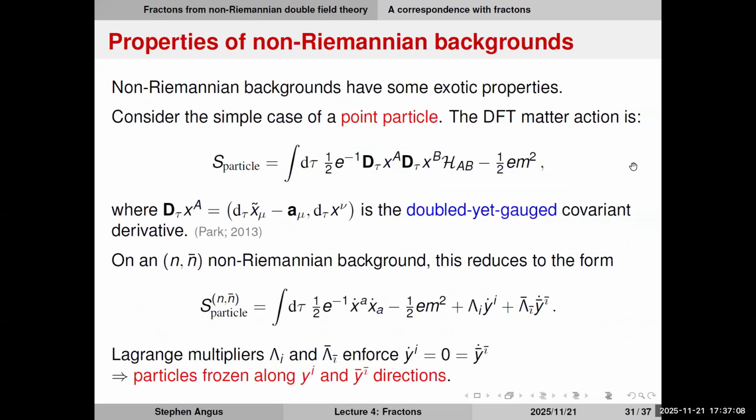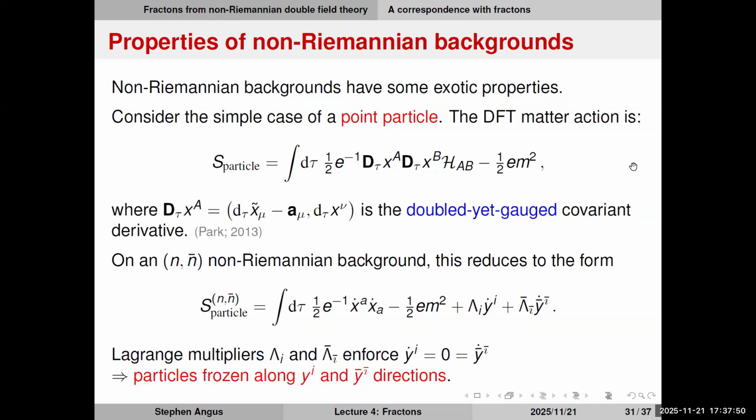Right, so non-Riemannian backgrounds have some nice exotic properties, and we can consider the simple case of a point particle. We can write down a double field theory action for a point particle. If tau is a parameter, like the proper time, that moves along the particle world line, we have something like d tau x^a, d tau x^b, H_AB, and we can have some mass term as well.